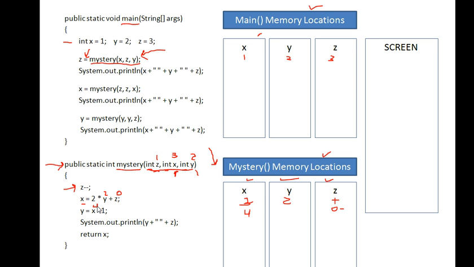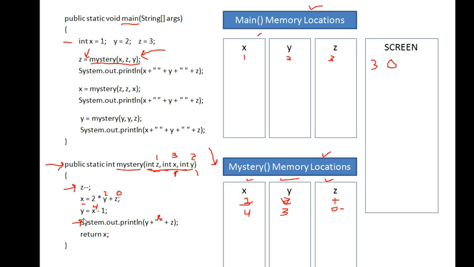So it's 4 minus 1, so y is assigned 3. The next line down is a print statement. And so we're going to print y, which is 3, and then print a space, and then the value of z, and that happens to be 0. So it's going to look like this.